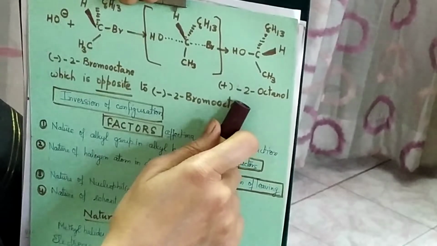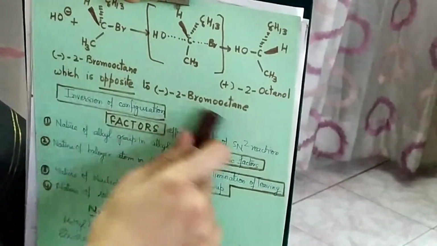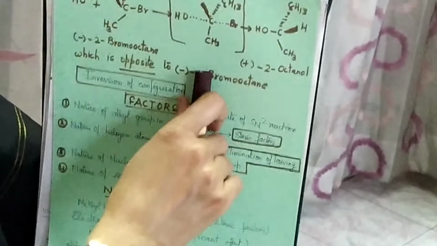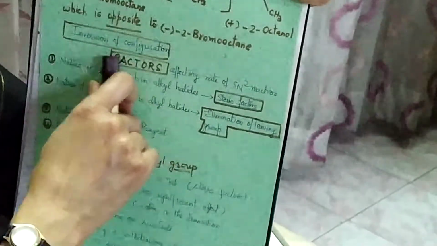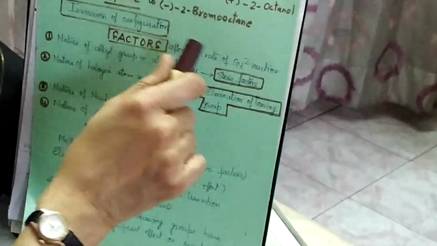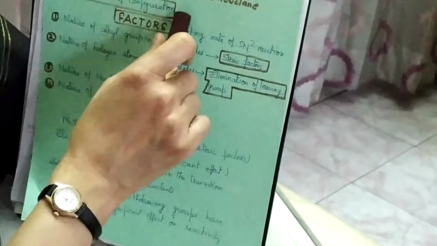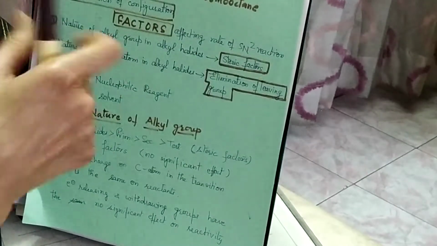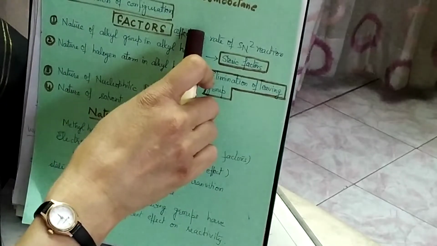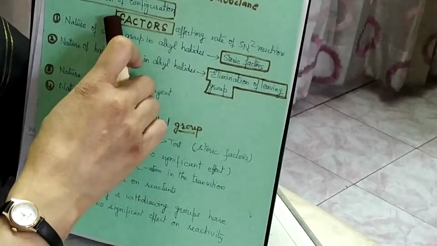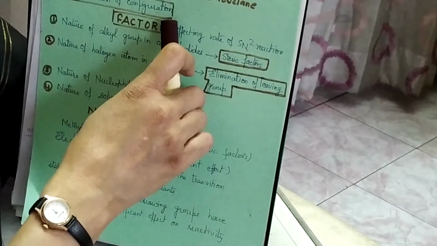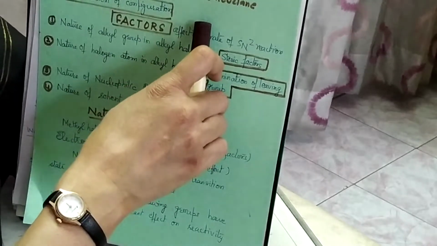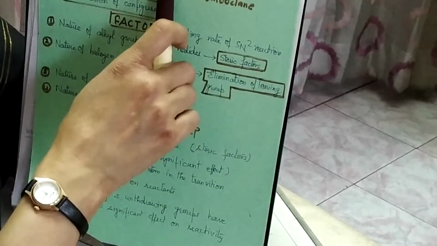It is opposite to that of the original molecule, which was as per our expectation. So the important point which you have to remember about nucleophilic substitution reaction proceeding in a bimolecular fashion is that inversion of configuration is there and leads to inverted product.